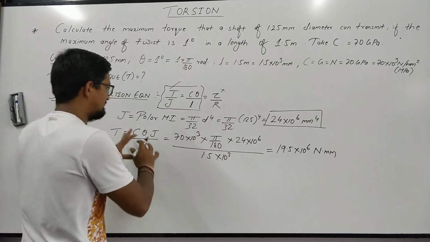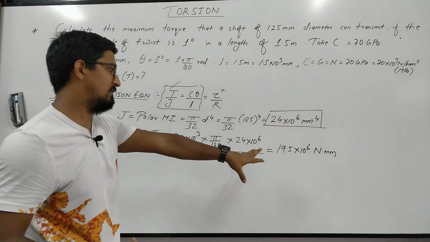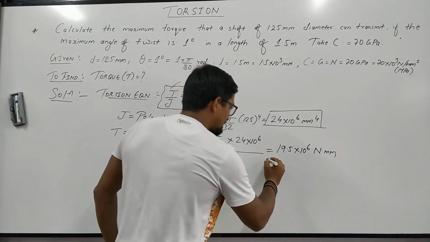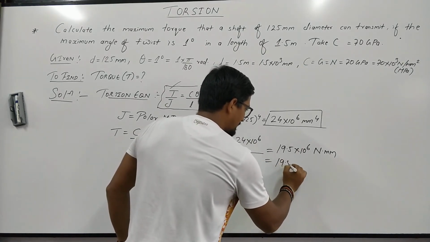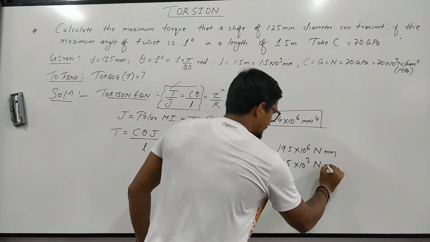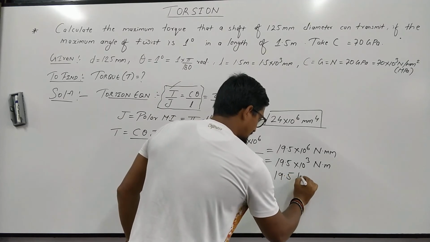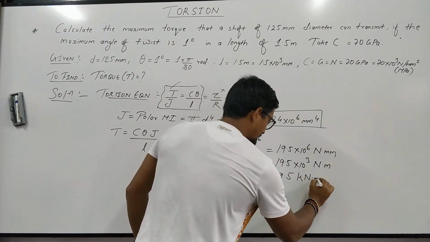Since all the dimensions were in mm, our final answer we got in Newton mm. This can be written as 19.5 into 10 raised to 3 Newton meter, or again as 19.5 kilonewton meter.